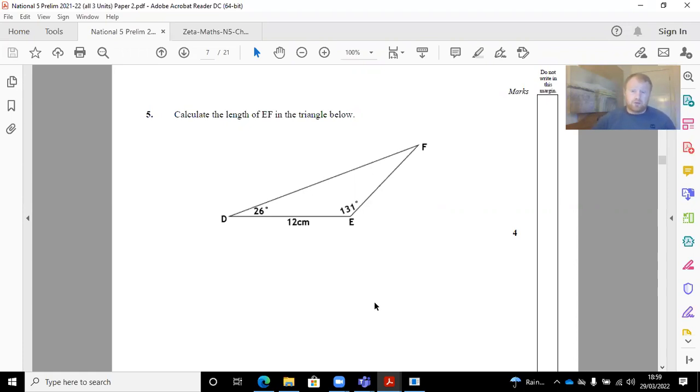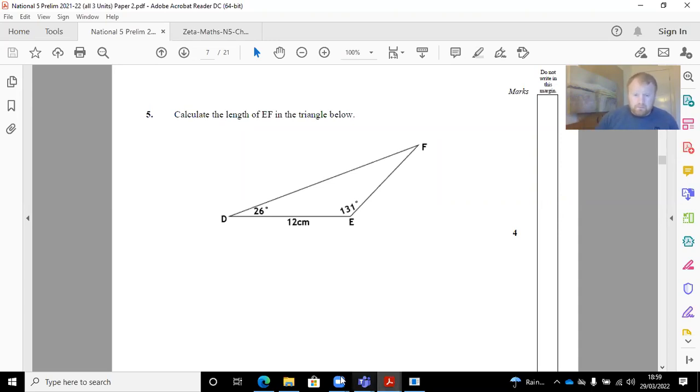The other rules, a over sine A equals b over sine B, and the cosine rules apply to non-right angled triangles. You need to be very, very clear in your understanding of that.